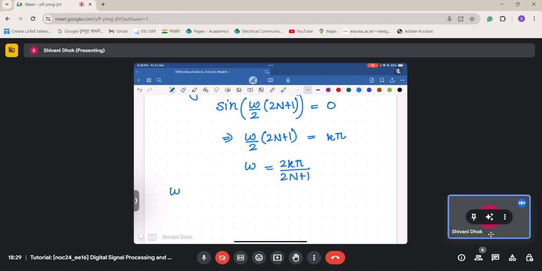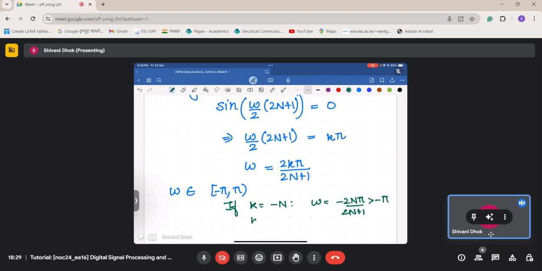Now we know that this omega belongs to minus pi to pi, right? Now if I set k equal to minus n, then I'll have omega equal to minus 2n pi upon 2n plus 1, and this quantity is well greater than minus pi.